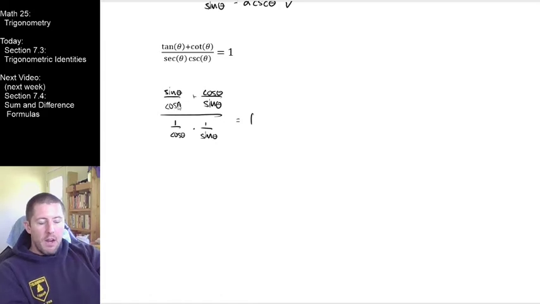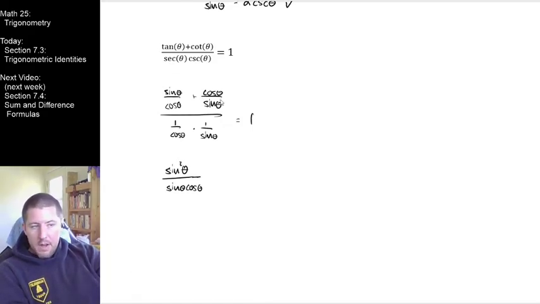Up top over here, our first fraction in the numerator already has a factor of cosine. It needs a factor of sine. So I'm going to hit this guy with a sine over sine right here. That's going to give me sine squared over sine times cosine. Similarly, right here, this currently has a factor of sine.